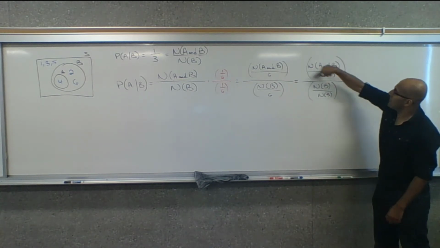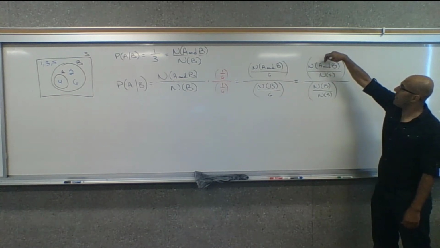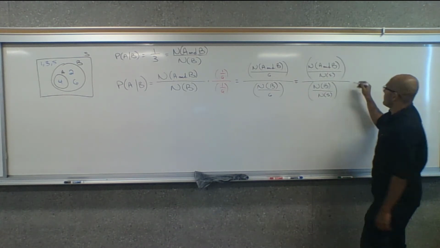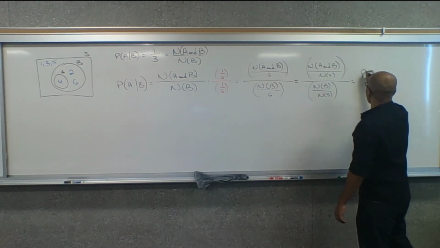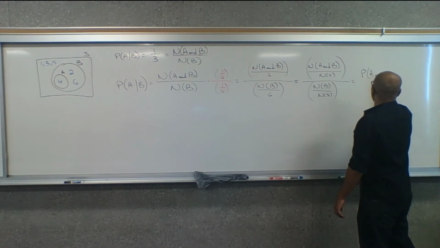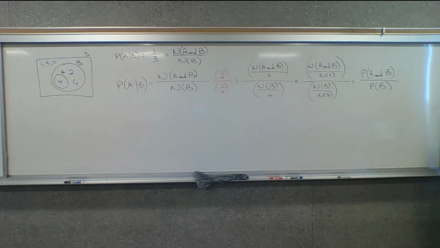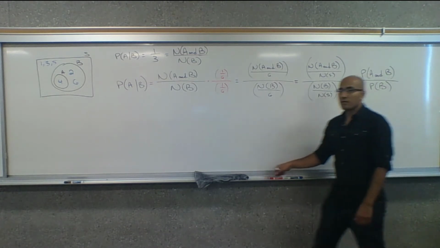And now what is this? This is the probability of A and B, and this is the probability of B. So we get to the formula: probability of A and B all over the probability of B. Any questions so far? Did I lose people?